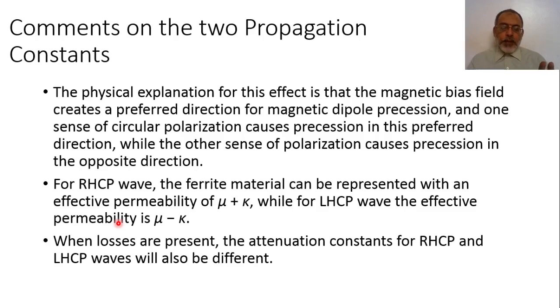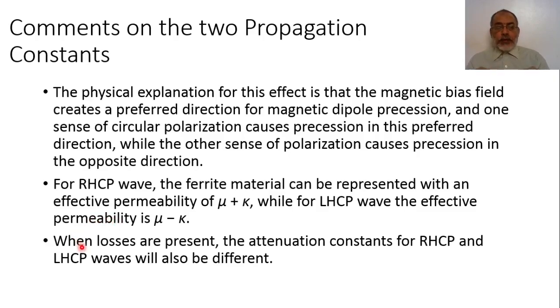This means that if I ignore completely what is ferrite, I am saying that I have a medium with effective permeability for right-hand circular polarization, mu r, for example, equal to mu plus kappa. And on the other hand, for left-hand circular polarization, it has completely different permeability, which is equal to mu minus kappa.